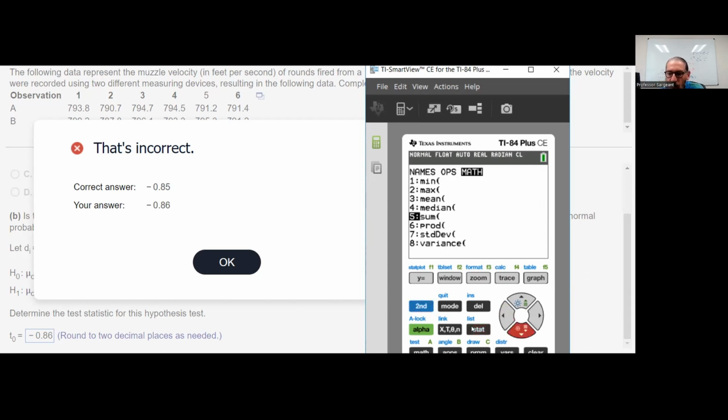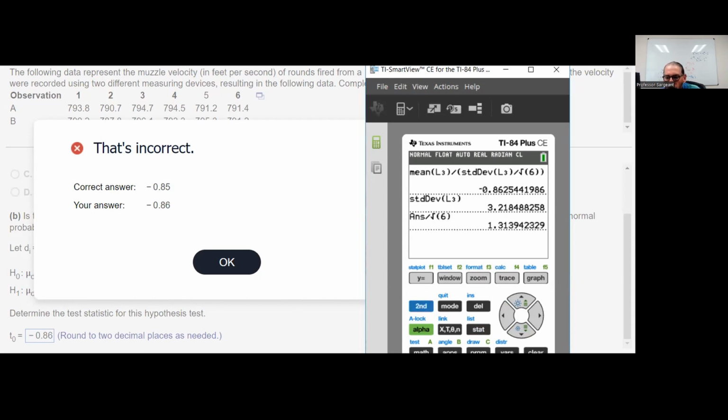I can get that standard deviation from list 3 to show back up again without having to do the stat one variable calc. If I divide that by the square root of 6, which was the sample size, I'm not doing any rounding. And then I'm going to divide that by the D bar.